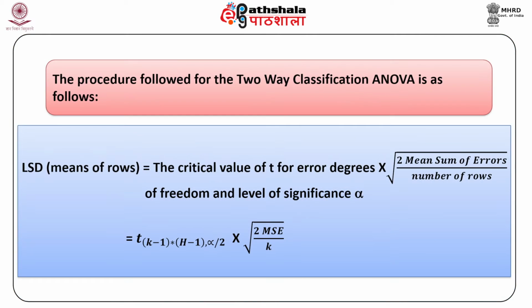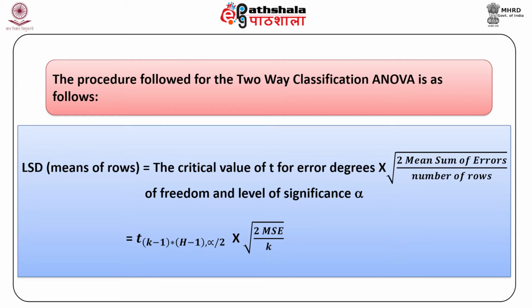The procedure followed for the two-way classification ANOVA is as follows. LSD for the means of rows is equal to the critical value of t for the error degrees of freedom and level of significance alpha, into the square root of 2 times the mean sum of squares of error divided by the number of rows.